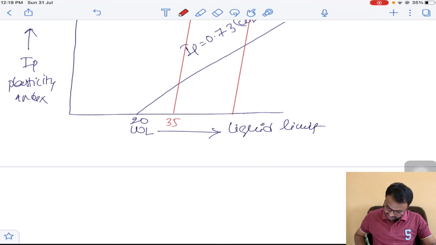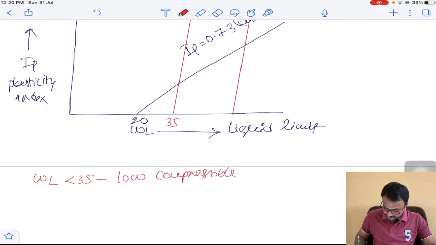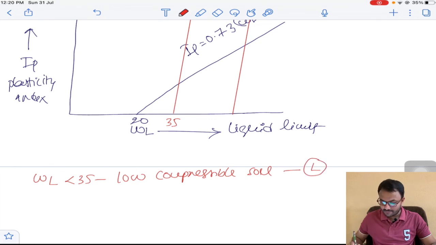Okay. So if liquid limit is less than 35, it is low compressible soil. So you will get symbol L, meaning low compressible.